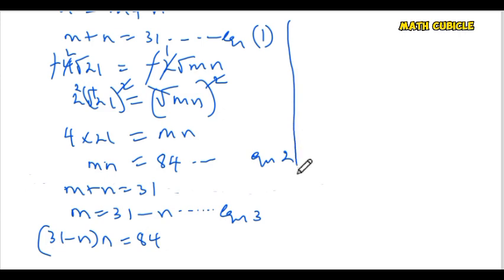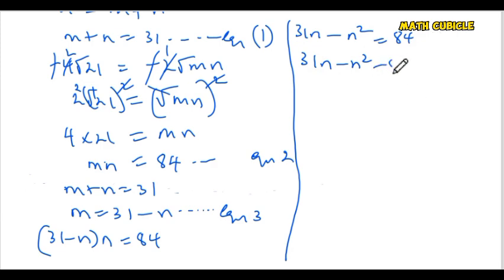So expanding this, we have n times 31 is 31n minus n times n is n squared is equal to 84. Bring 84 to the left hand side, we have minus 84 is equal to 0. Rearranging, we have minus n squared plus 31n minus 84 is equal to 0.